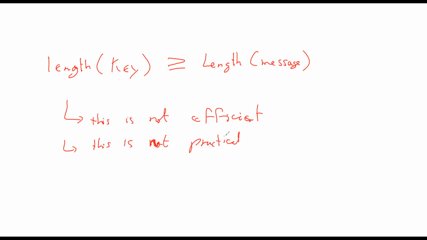Think about the fact that you have computers, CPUs that are 32-bit, 64-bit, and they perform operations on these. And the advantage of XOR is that you can give it a key of a specific size and it does the operation in one XOR in parallel.